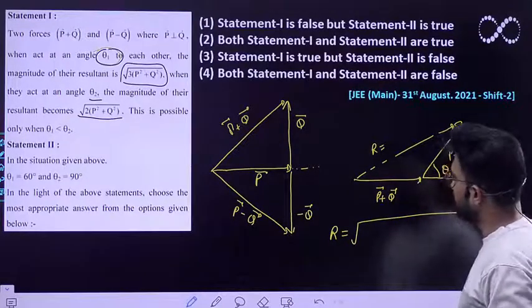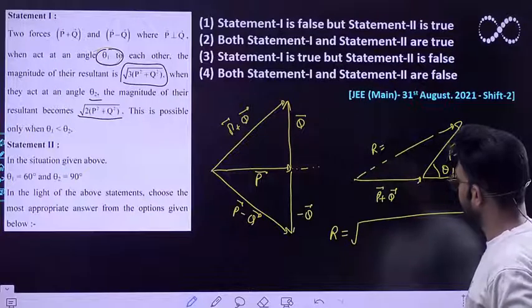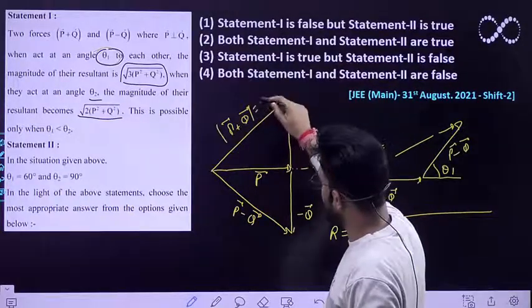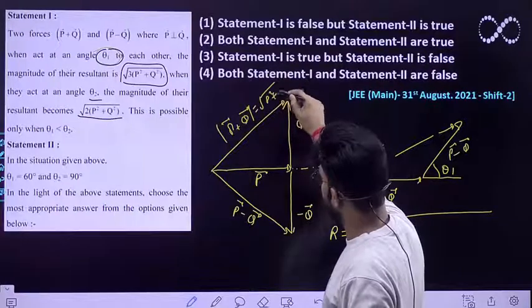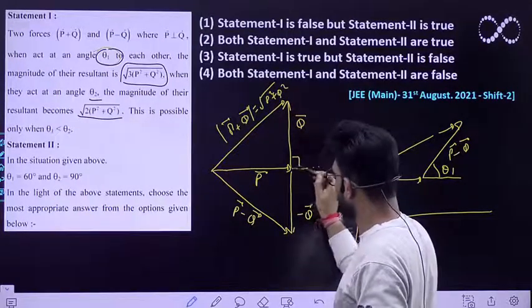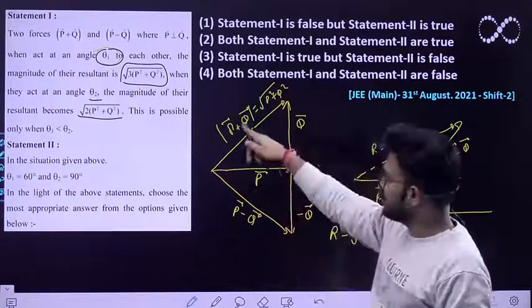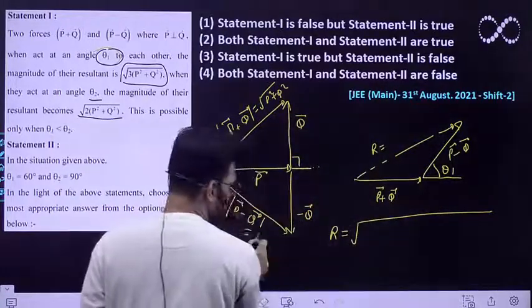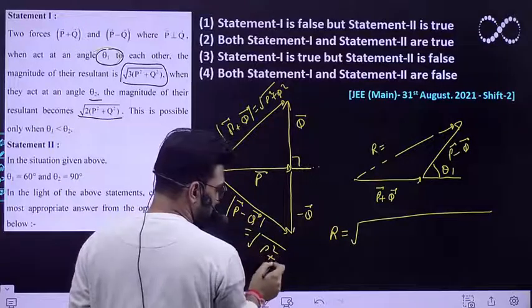So P plus Q, the magnitude of this vector is nothing but root of P square plus Q square, because P and Q are perpendicular. And the magnitude of P minus Q would also be equivalent to root of P square plus Q square.